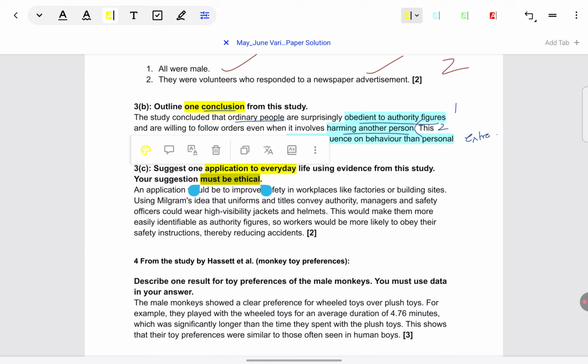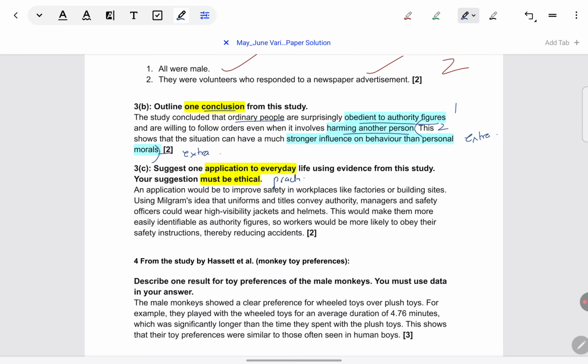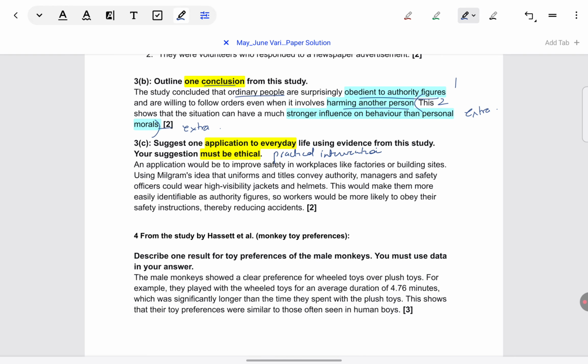Application means practical intervention. What practical intervention or treatment is enabled by this study? Giving shocks to someone, how would that be an intervention? Like, what problem is it helping to solve, or what real world issue is it helping you to deal with? It is creating issues, so it's creating problems. So, it does not make any sense to present that as an application.